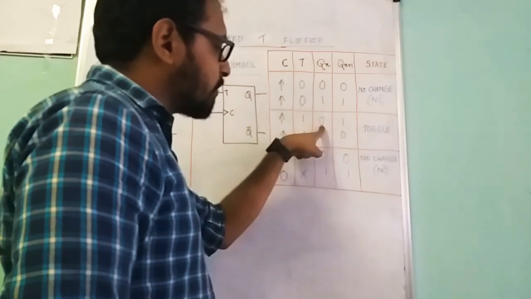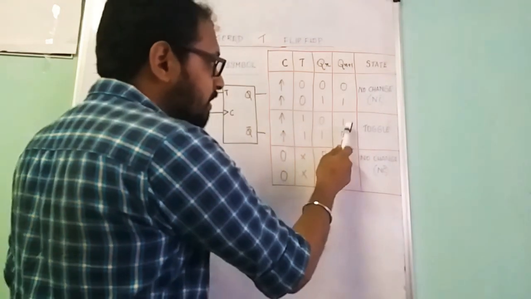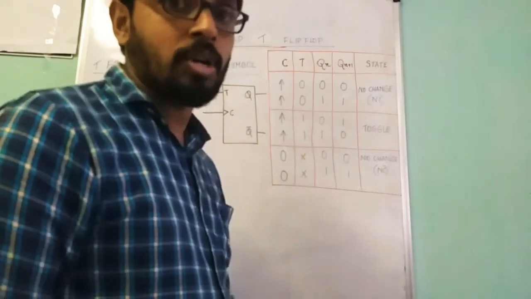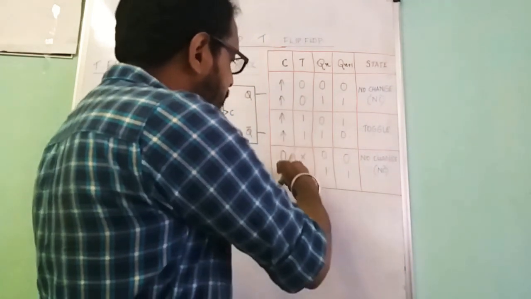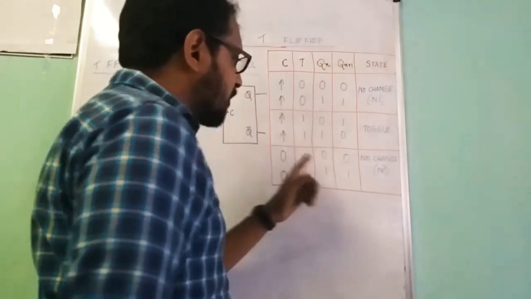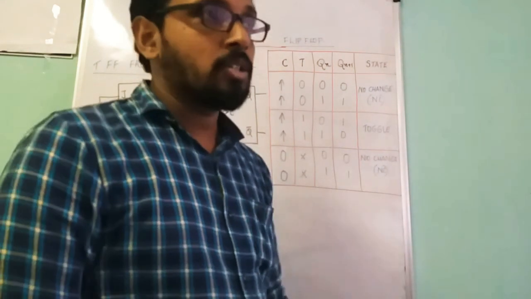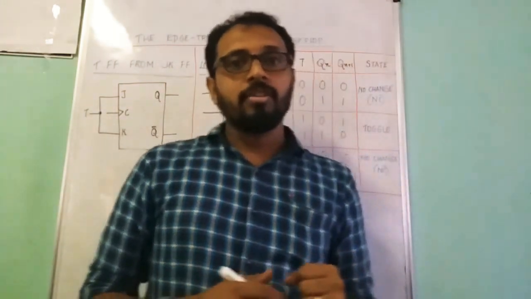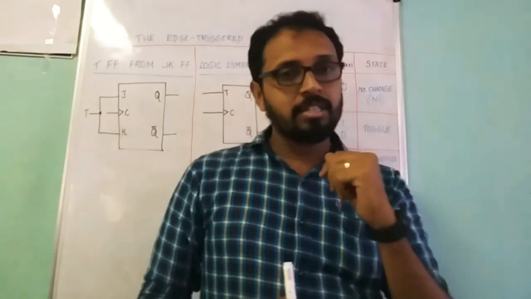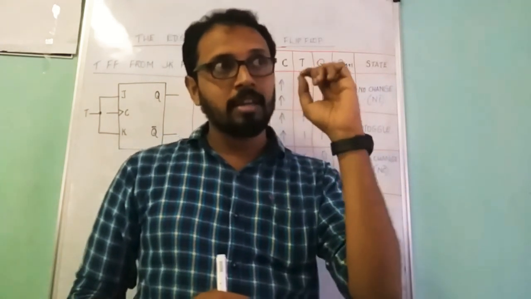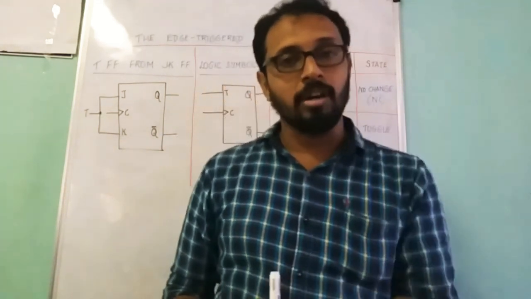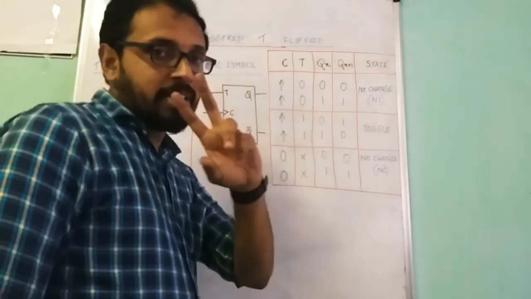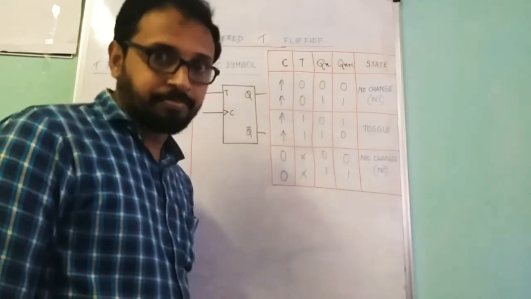That is, when the present state is 0, the next state will be 1, and when the present state is 1, the next state will be 0. That's the toggle condition. In the absence of a clock pulse, whatever the value of T, no change takes place. So, compared to the truth table of the JK flip-flop, we had two conditions there, J equals K equals 0 and J equals K equals 1. Based on those two conditions, we make the T flip-flop. Clear? Please go through.